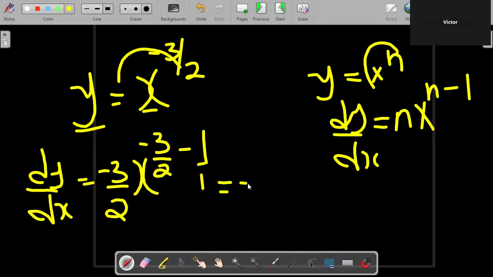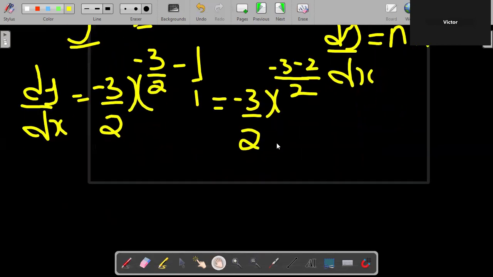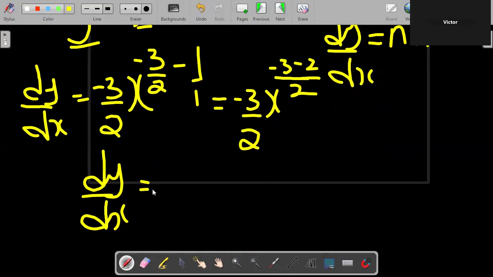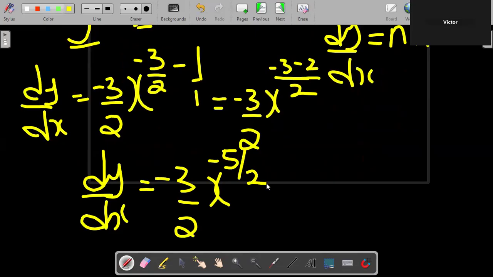So this will give us minus 3 over 2 x, our LCM is 2. So here becomes what? Minus 3 minus 2. So what are we having? My dy/dx now will give me minus 3 over 2 x to the minus 3 minus 2, which is minus 5 over 2.